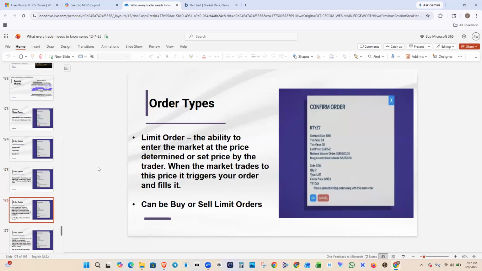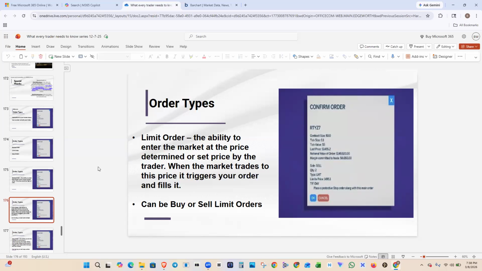The next is a limit order. You're going to hear us talk about this all the time, especially when we talk about how to enter into a trade. You want the market to come to you. You've got a specific price that you want to pay to get into the market.